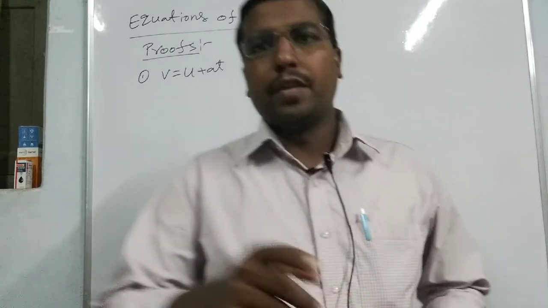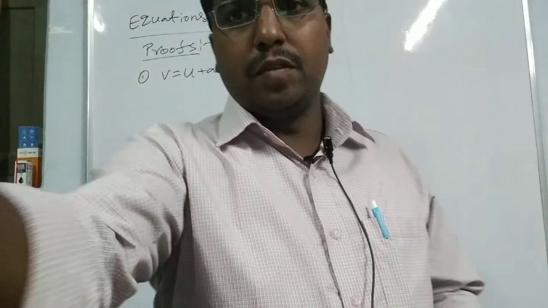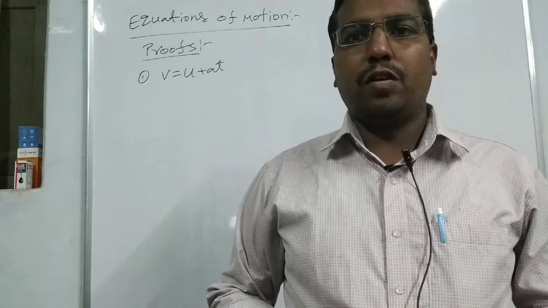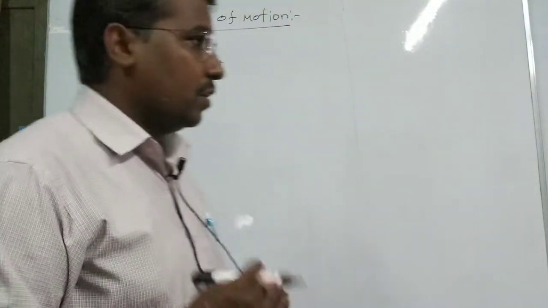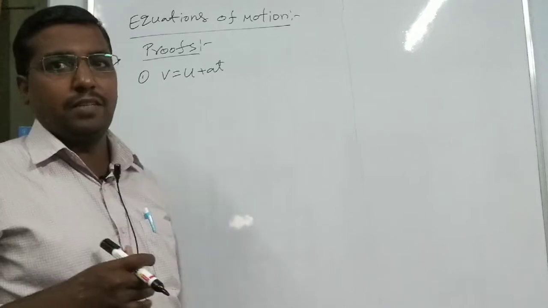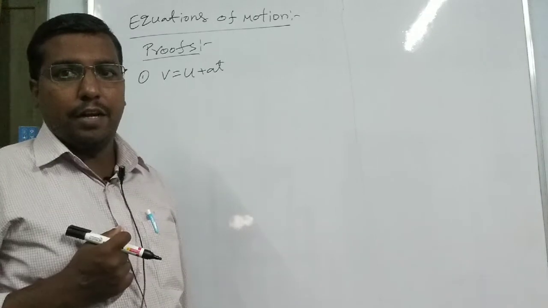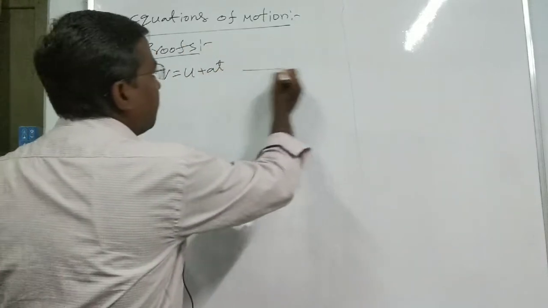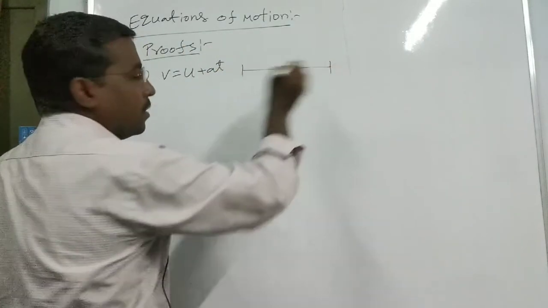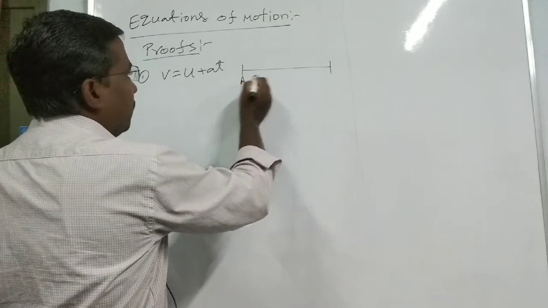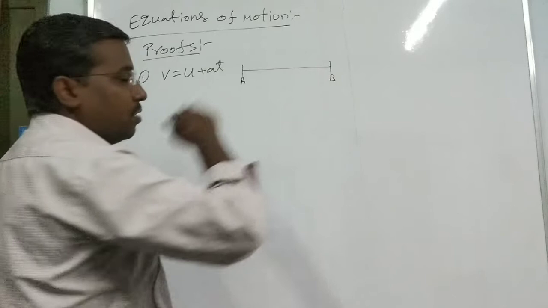In this one, first we prove the first equation, v equal to u plus at, where v is the final velocity, u is the initial velocity, a is the acceleration, and t is the time. Now we consider A as the starting point of the vehicle and B as the ending point.